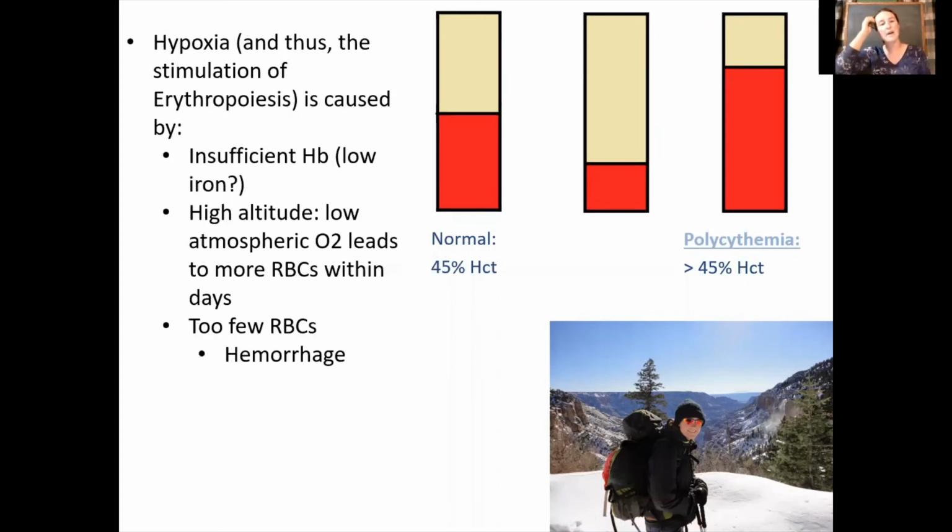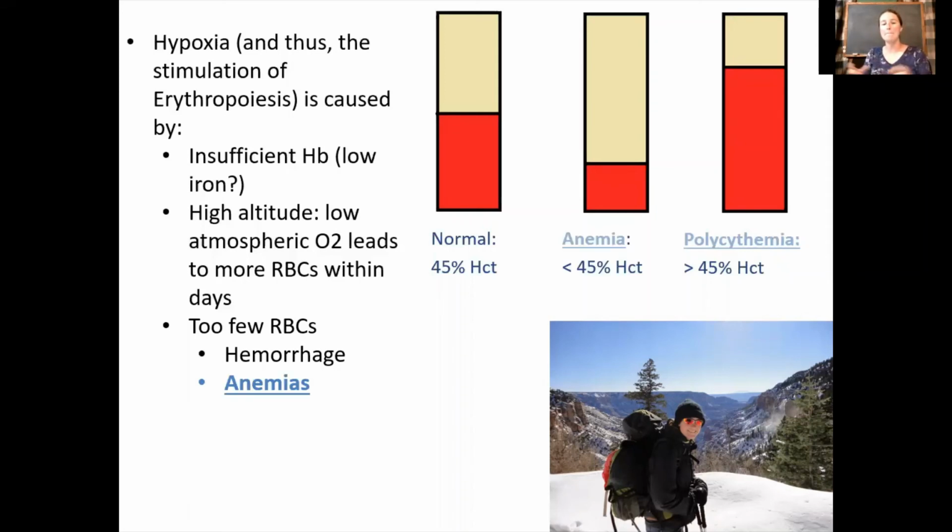Okay. Another condition that might cause hypoxia is hemorrhage, right? So losing blood. Also donating blood, right? So you lose a liter of blood at a time. And so obviously for the next hour, the next couple days, it's going to be a little bit difficult to exert yourself because you don't have enough red blood cells to transport the blood to your tissues.